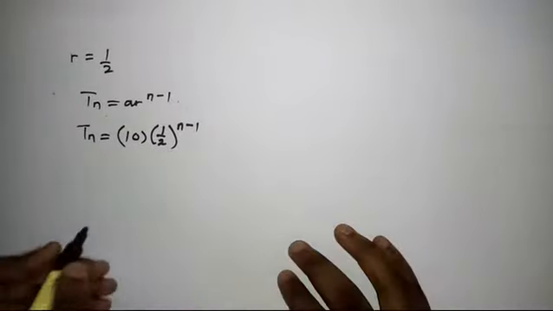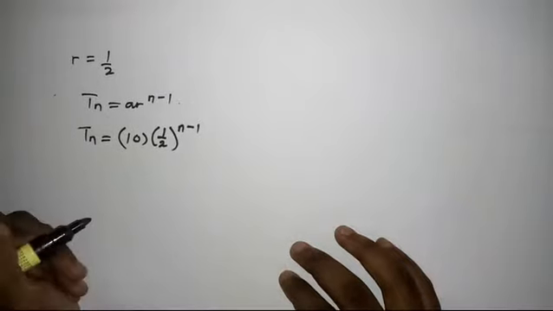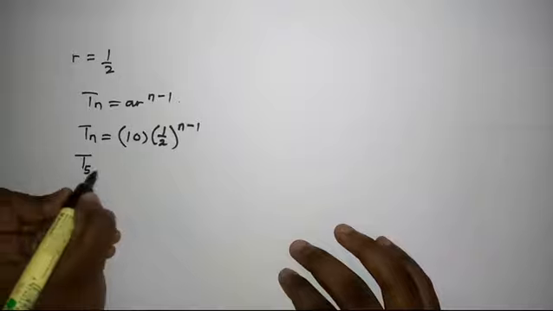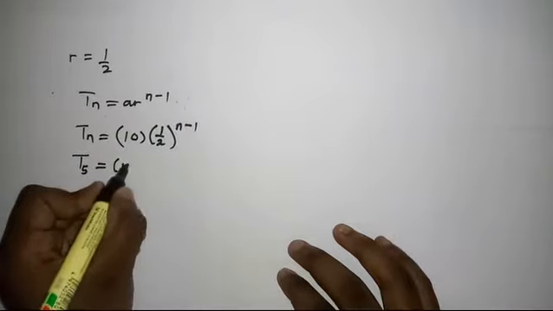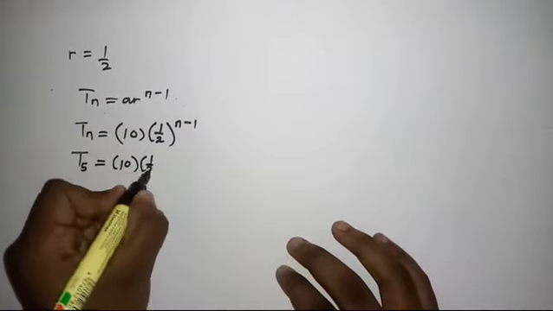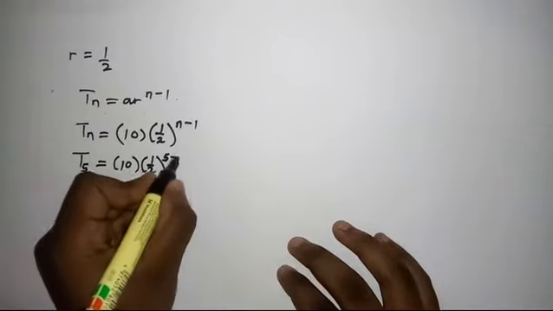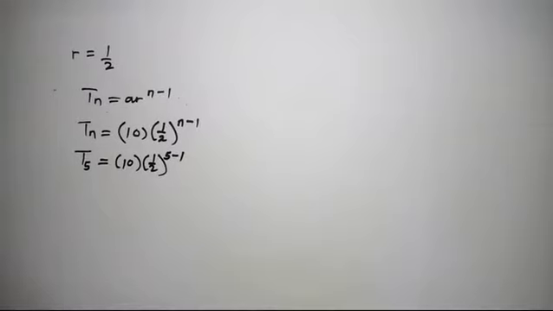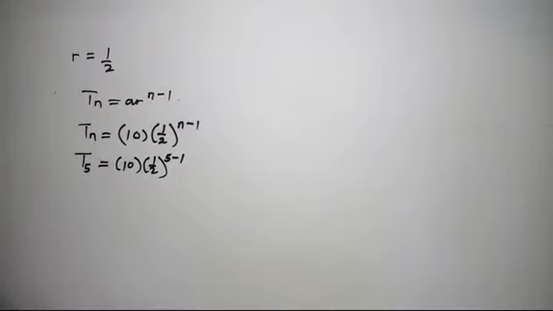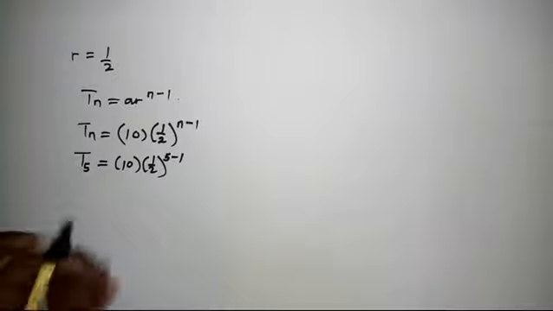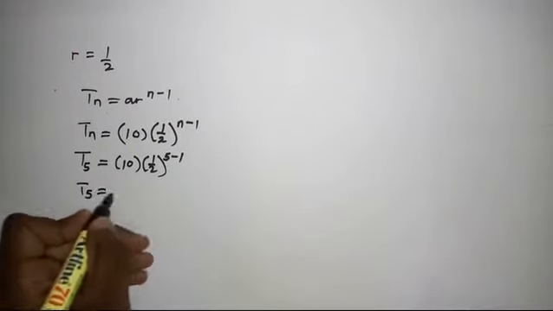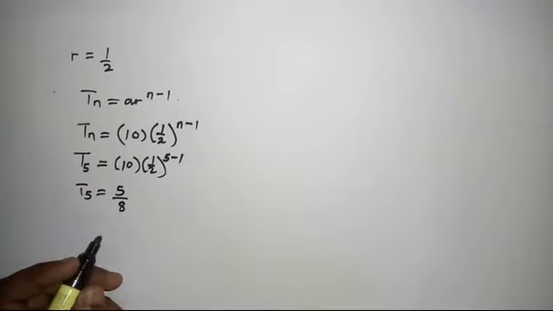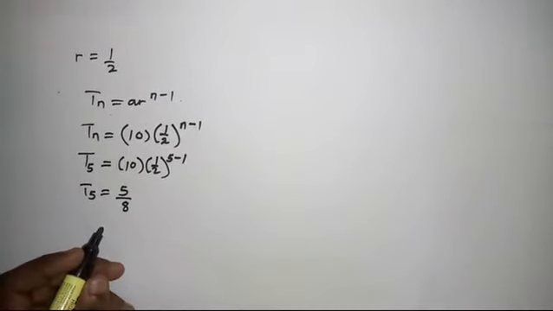As this question wants T5, we'll put it like this. When you punch this into the calculator, you'll find out that T5 is 5 over 8. That will be all for question 2.1.